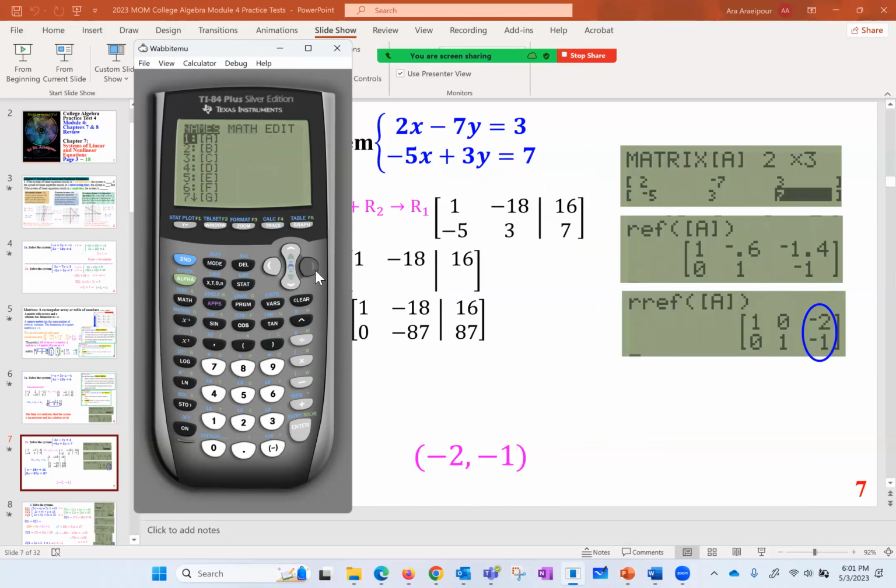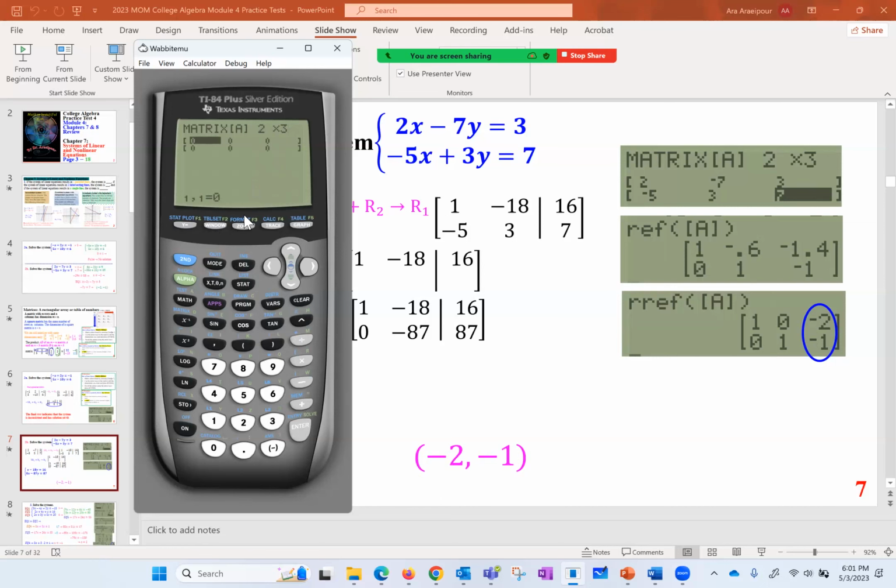I go to edit, and the moment I edit part A, it gives me a chance to put the number of rows, 2, and the number of columns, 3. Okay, let me go back up. I thought I put 3, but I didn't.